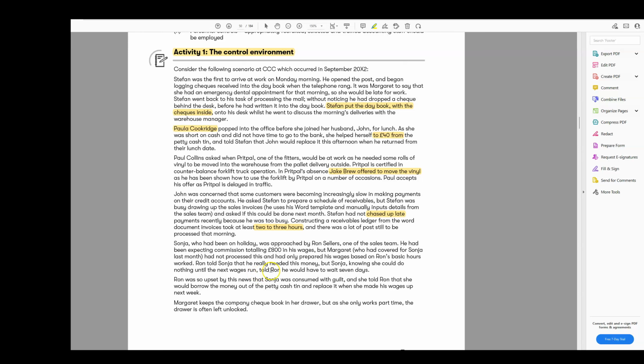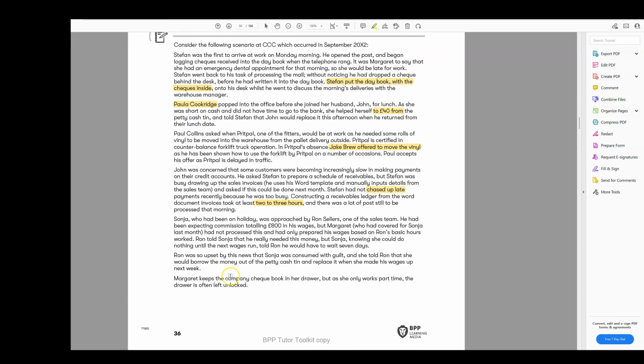Ron told Sonja that he really needed this money, but Sonja, knowing she could do nothing until the next wages run, told Ron he would have to wait 7 days. Ron was so upset by this news that Sonja was consumed with guilt, and she told Ron that she would borrow the money out of the petty cash tin and replace it when she made wages up next week.